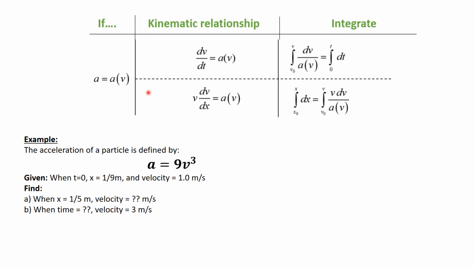So remember, there's two different scenarios for this one. There's one scenario where we're trying to relate this acceleration to what the time is doing, and there's another relationship we're trying to relate, what the velocity and position are doing with one another. So for part A, this is position, velocity, and acceleration.